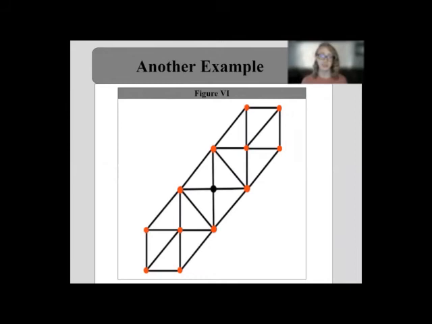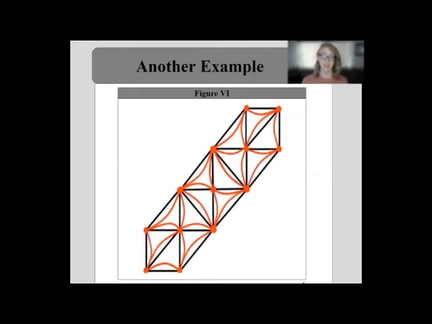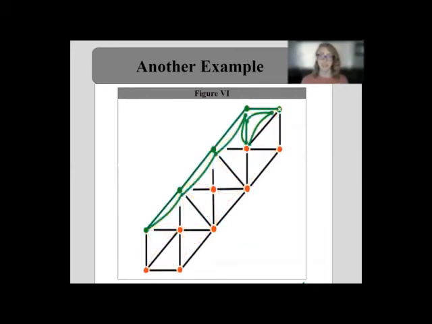Another example is this more complex one where we have 12 vertices that are all of odd degree. All of these vertices have 3 or 5, odd numbers of edges. So like previously, we would double every edge so that all the vertices have even degree and create an Eulerian graph. From there, we can pick any edge we'd like.